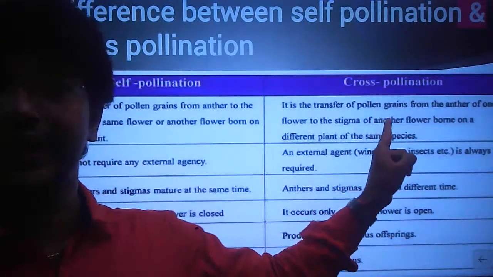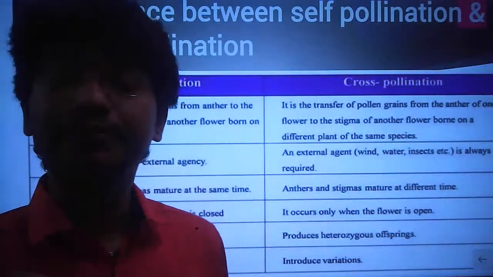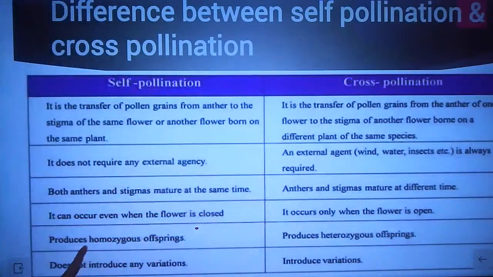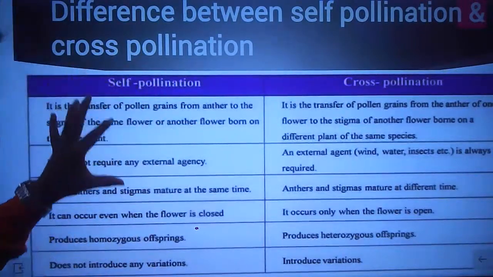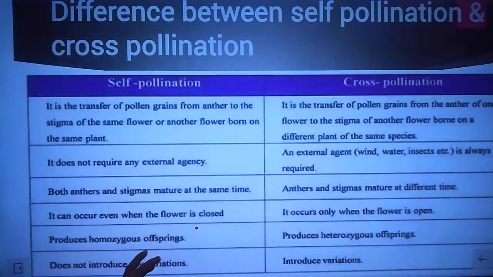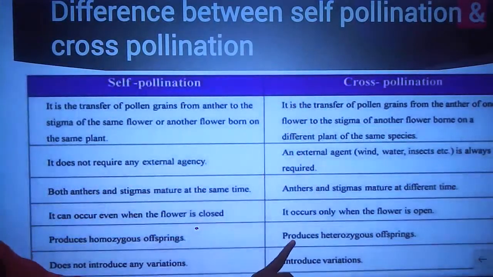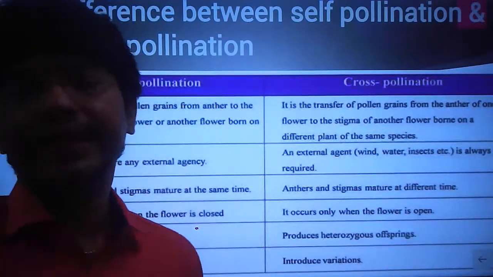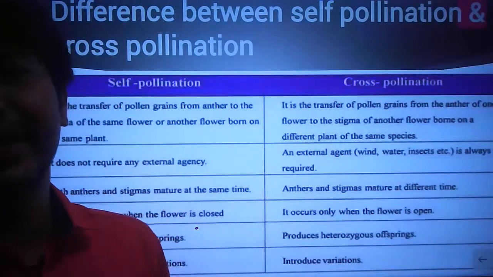But in cross pollination, as I said, there is a chance of pollen grains getting wasted, right? Self pollination produces homozygous offspring, all the same. Whatever the nature of the parent, the same kind of offspring can be produced. But in cross pollination, you can expect heterozygous, different varieties, because we are not sure from which insect, or what type of pollen grains, are getting transferred.